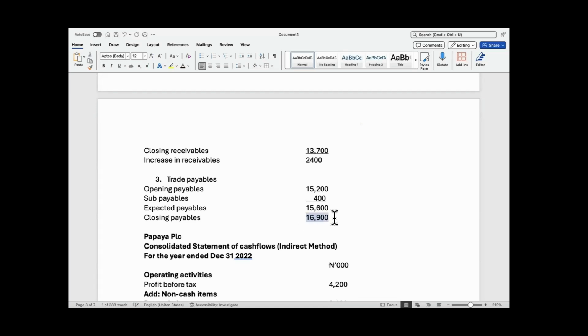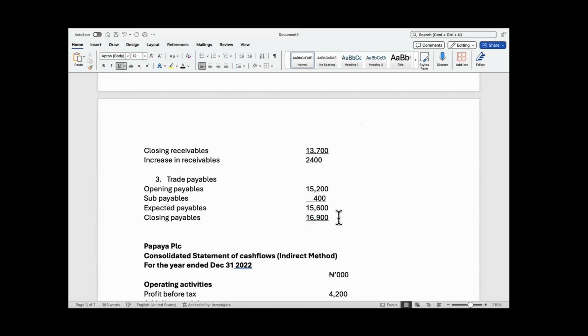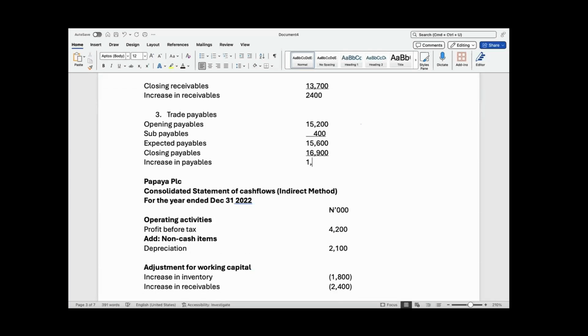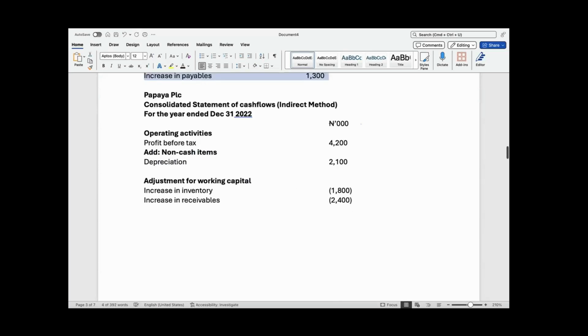So this is also an increase. Yes, so we'll add it. What's the difference? 1,300. Will this be a deduction or an addition? Addition. Good. Like a reverse of that.